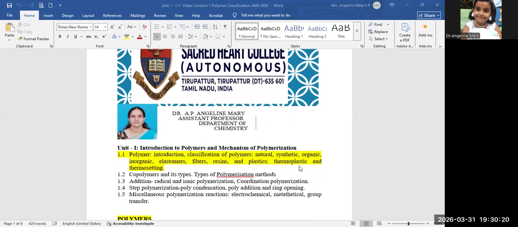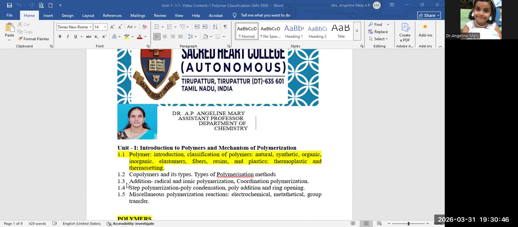First one, polymers introductions, classification of polymers: natural, synthetic, organic, inorganic, elastomers, fibers, resins, and thermoplastics and thermosets. The 1.2 deals with the copolymers and its types of polymerization methods.